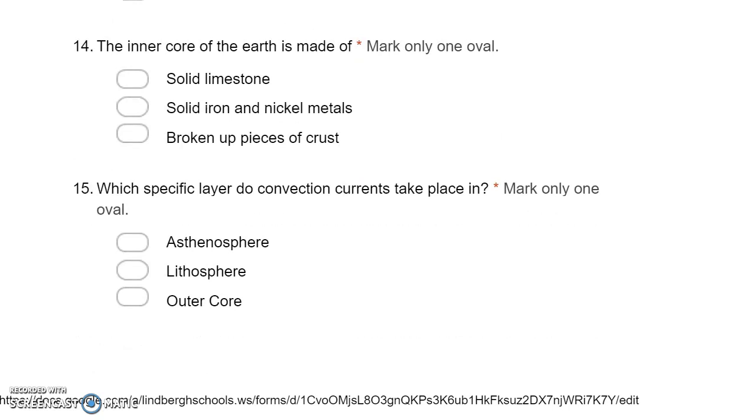Number 15, which specific layer do convection currents take place in? Mark only one oval, the asthenosphere, the lithosphere, the outer core. So what specific layer do convection currents take place in?